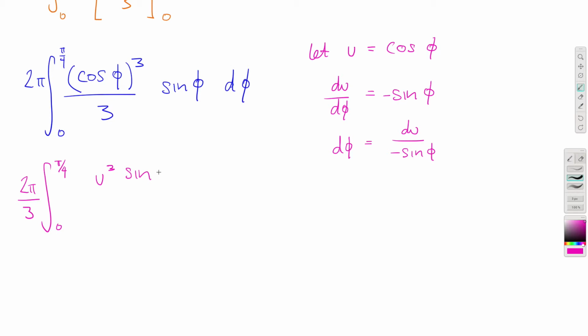Sine phi. We can change d phi into du over negative sine phi. And then we can go, hey look, sine cancels. We also have to remember you got this negative here, so take negative to the front.